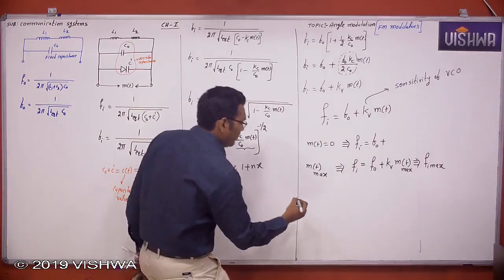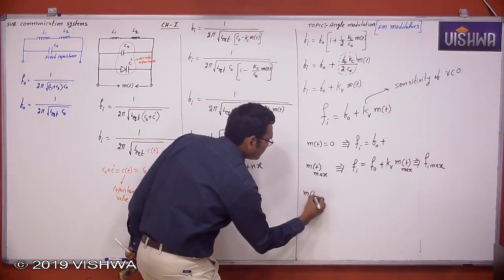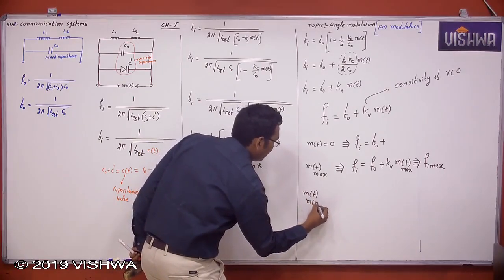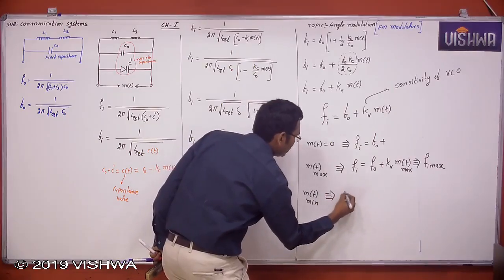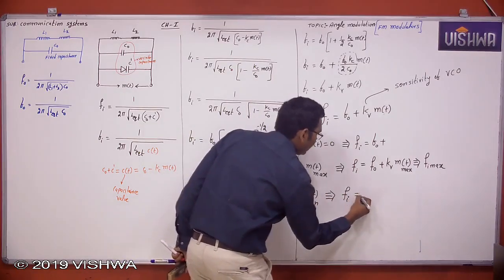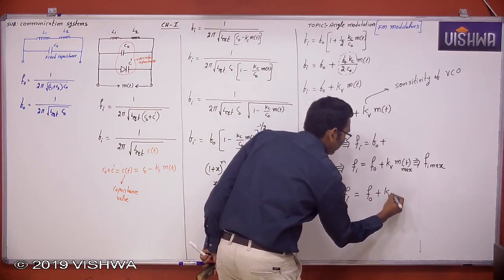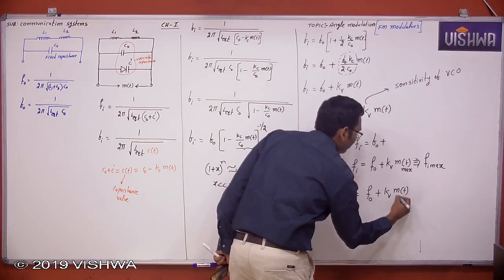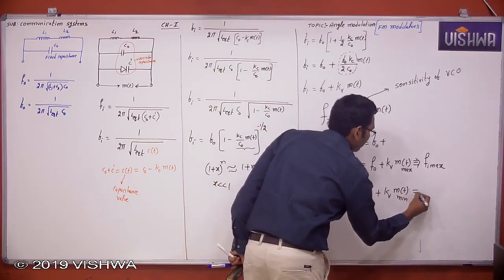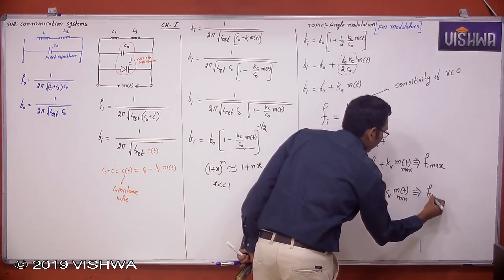And when m of t is minimum, Fi is equal to F naught plus kV into m of t minimum. Therefore, Fi is minimum.